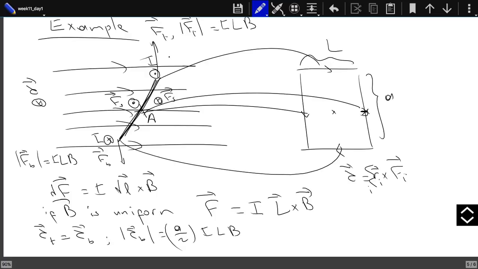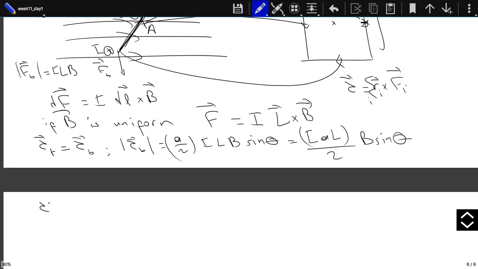Let's call that angle theta. So this is R, this is F, and the angle between the two is just this theta. We have sine theta. Or we can write this as I times a times L over 2 times B times sine theta.